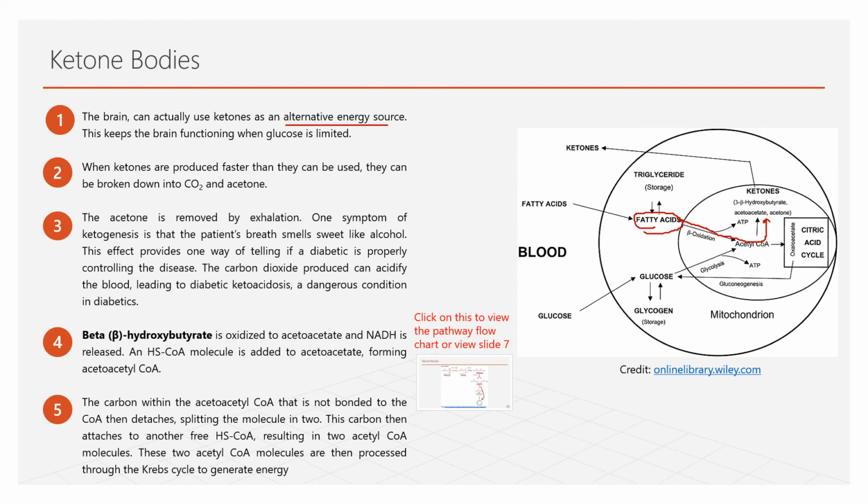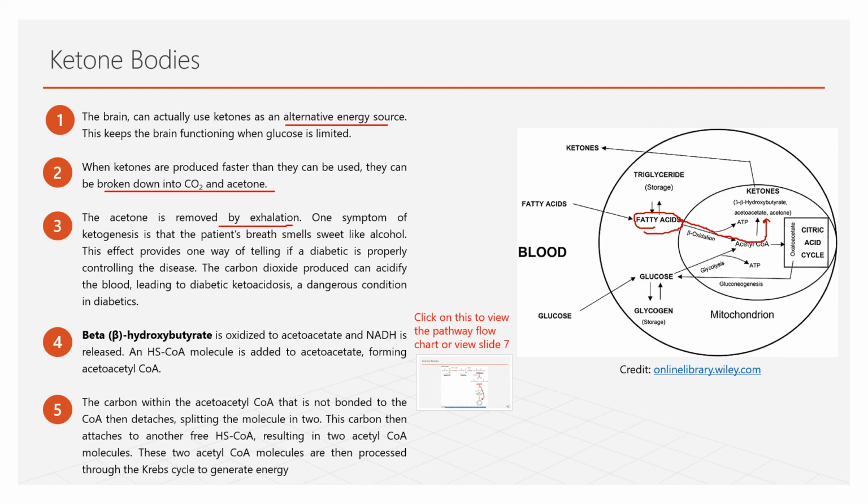The brain normally just uses glucose, but in the absence of glucose, ketone bodies can supply energy to the brain. When ketone bodies are produced faster than they can be used, they can be broken down into carbon dioxide and acetone. The acetone is removed via exhalation.